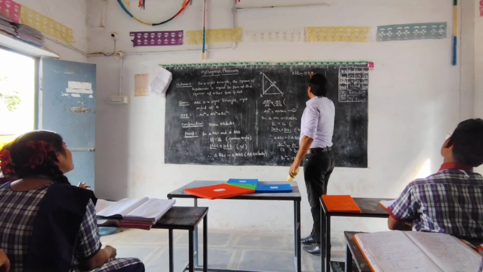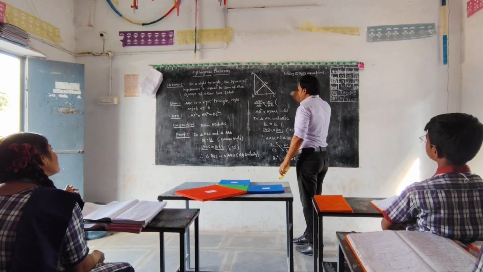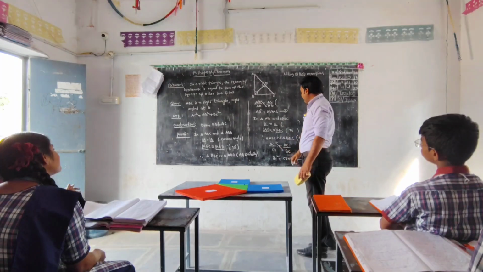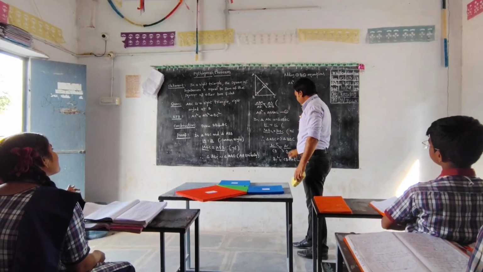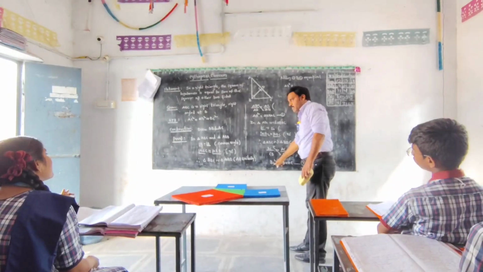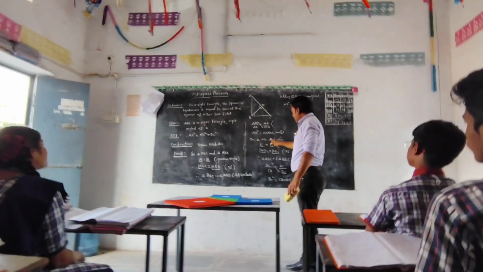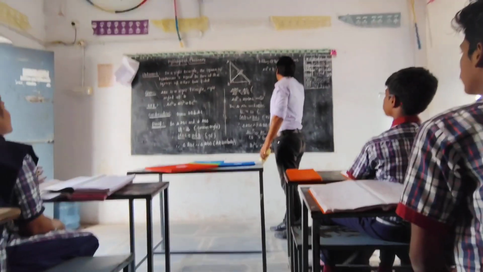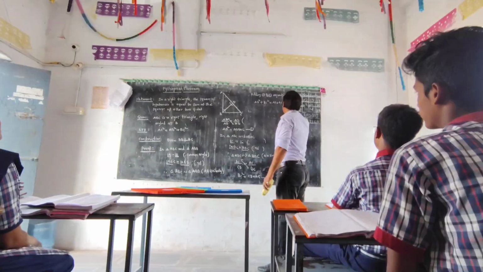What is the first equation? AB square is the LHS of the first equation. The second equation LHS is BC square. AB square plus BC square is equal to the RHS: AB into AC plus the RHS of the second equation, CD into AC.